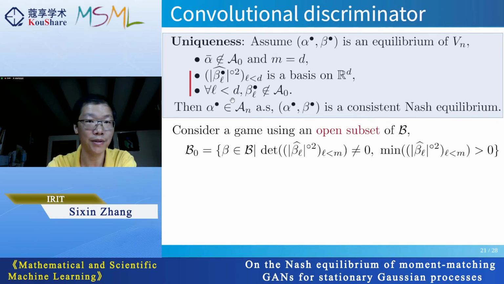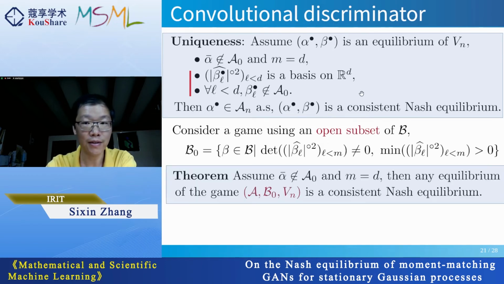It should generate some basis, and then it allows us to infer that alpha dot is in the consistent set. This motivates us to study this open subset of beta, which is here, satisfying these two conditions.